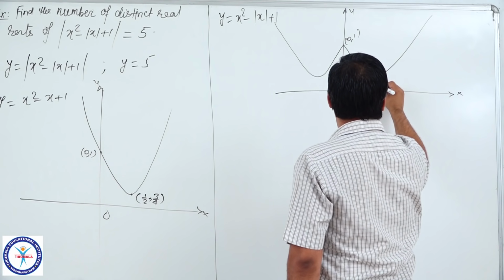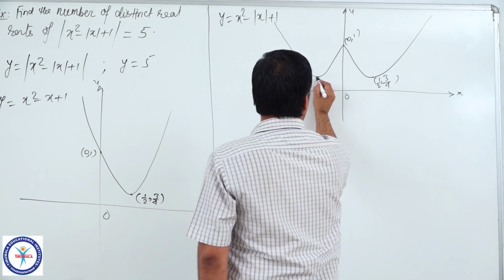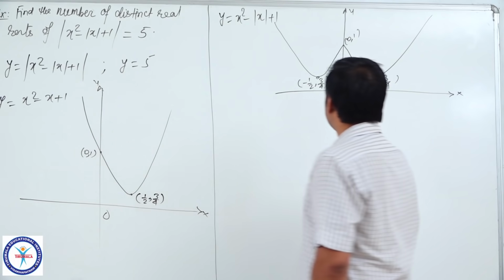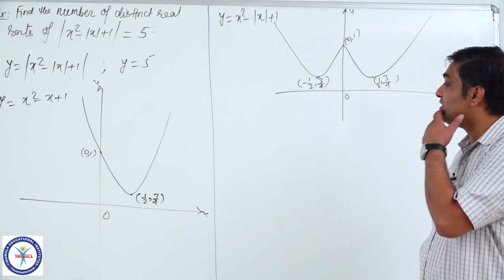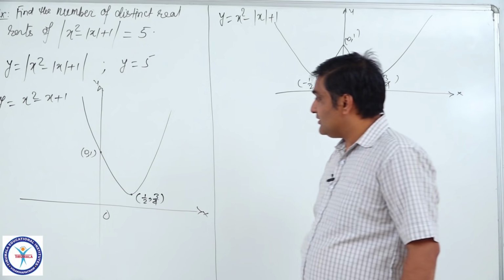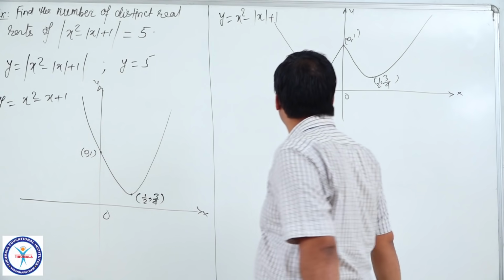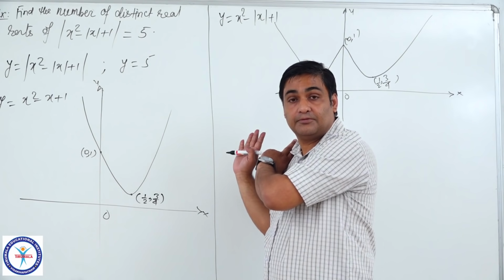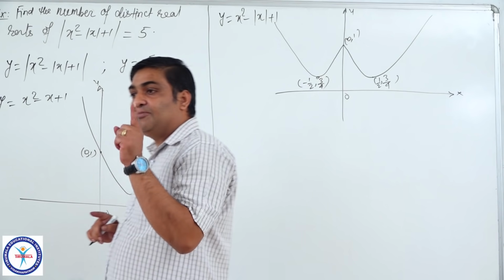One by 2 comma 3 by 4, and here it is minus 1 by 2 comma 3 by 4. And now, what if there is a mod sign over there? Mod on the whole. There will be no change.